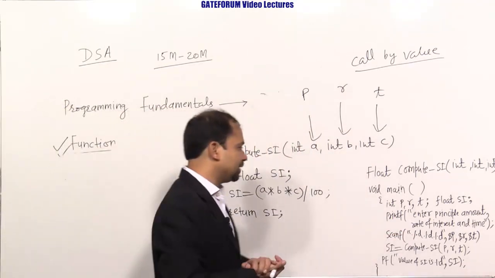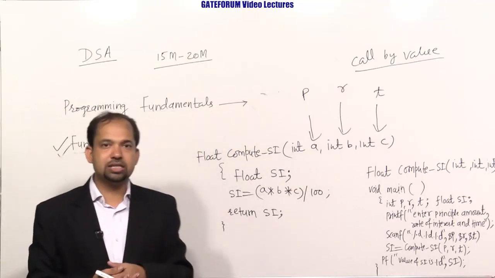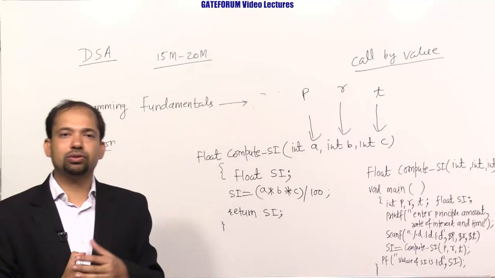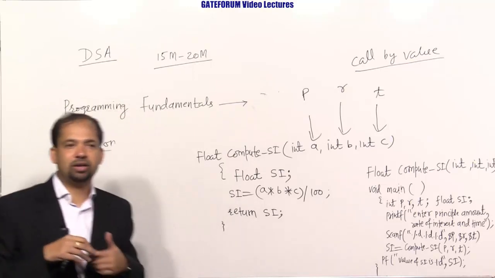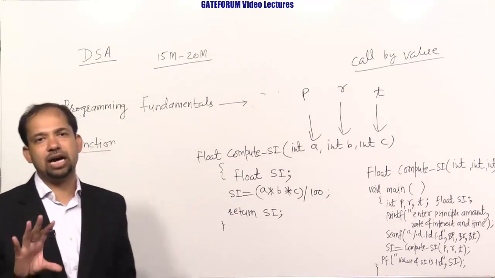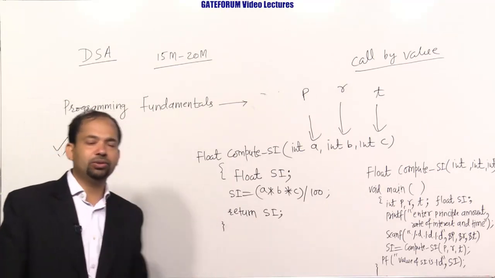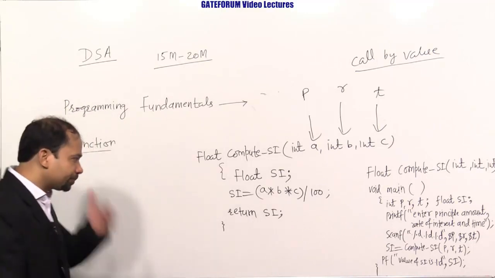So almost everything is similar in C and C++ with a few changes. In these classes we are going to follow the rules of C, but if you are comfortable in C++, it is not a big difference. Hardly one, two, three lines you have to change, and it will be converted to C++, right?